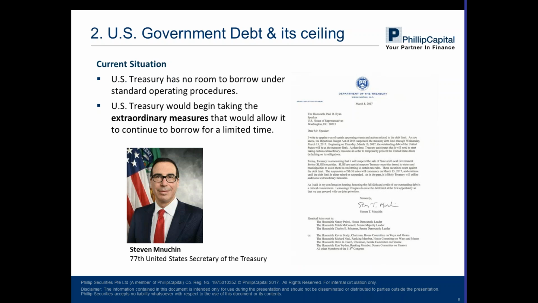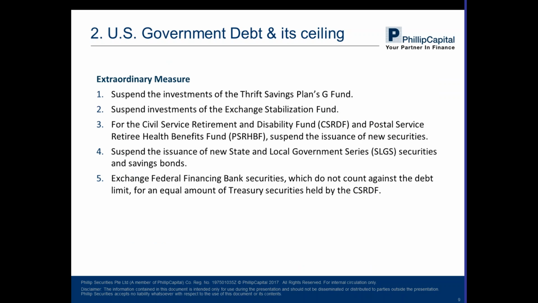So in the letter, Steven Mnuchin mentioned that the US Treasury will take extraordinary measures, and this will allow them to continue running the government without the issuance of more US Treasuries. What do they mean by extraordinary measures?